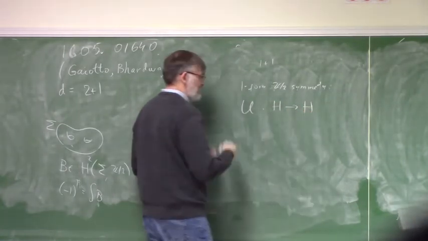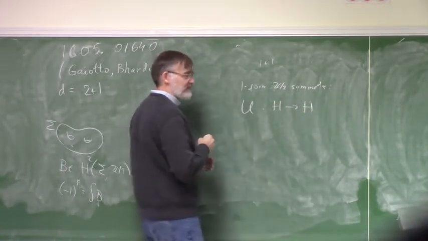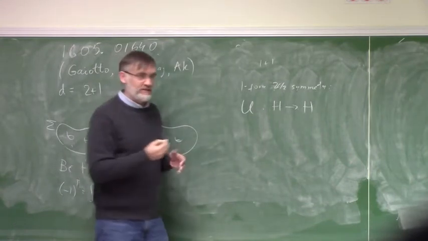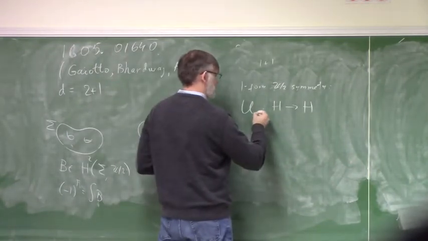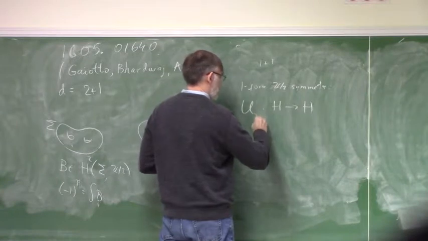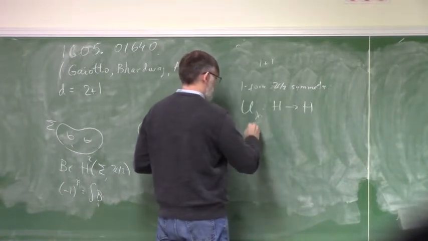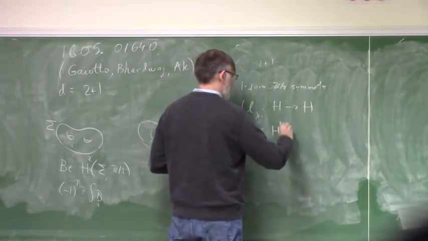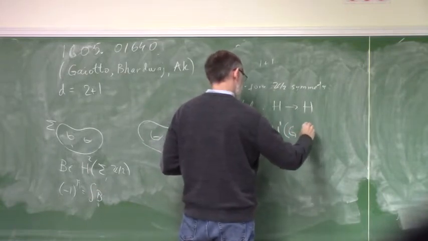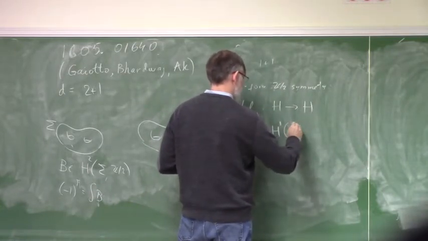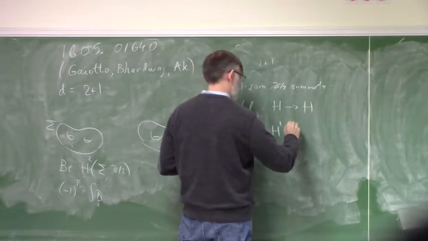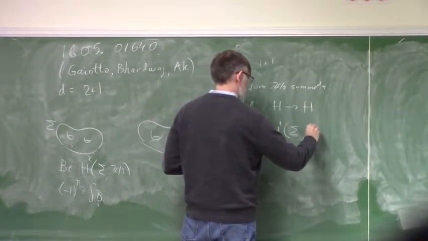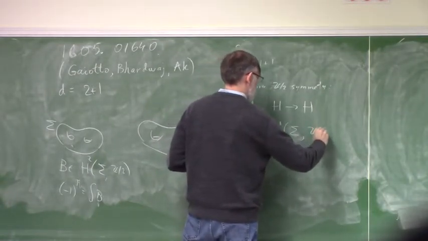But this unitary depends not on the group element, but rather on an element of H1 of the manifold with coefficients in the group, some lambda, which lives in H1 with coefficients in the group, which now is Z2.